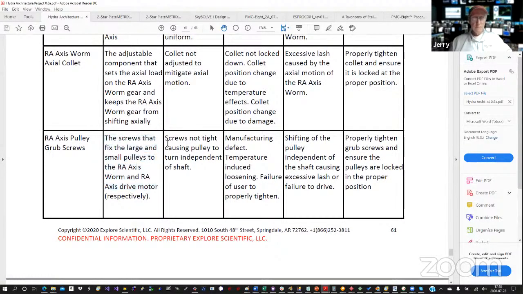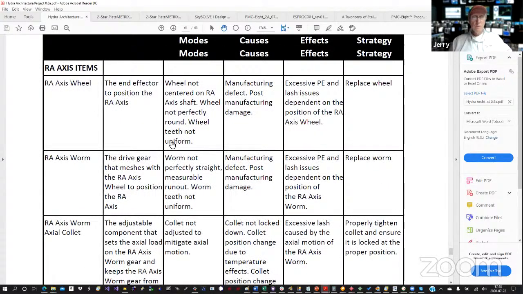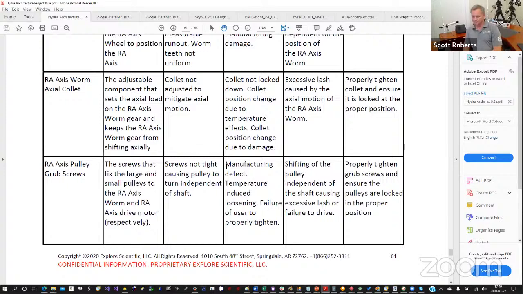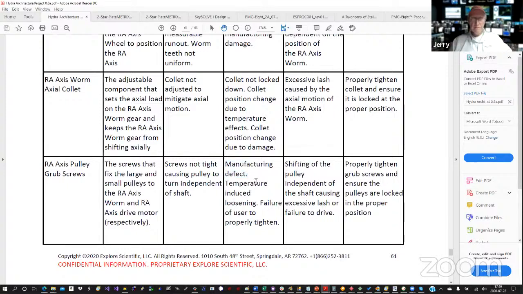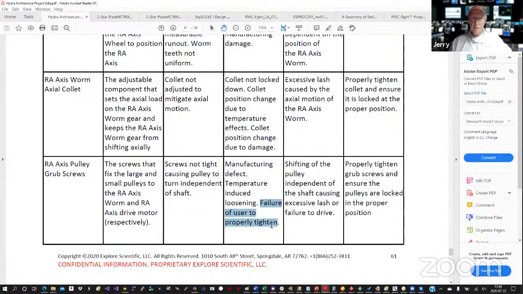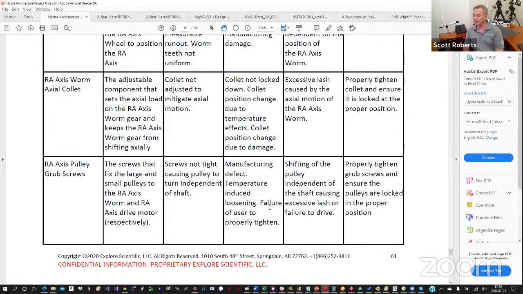And the failure mode could be screws not tight, causing the pulley to turn independent of the shaft. That could be a manufacturing defect. Okay, we delivered it that way. It could be temperature-induced loosening, or, if the user did some maintenance, it could be failure of the user to properly tighten it. Either by the user or by us.